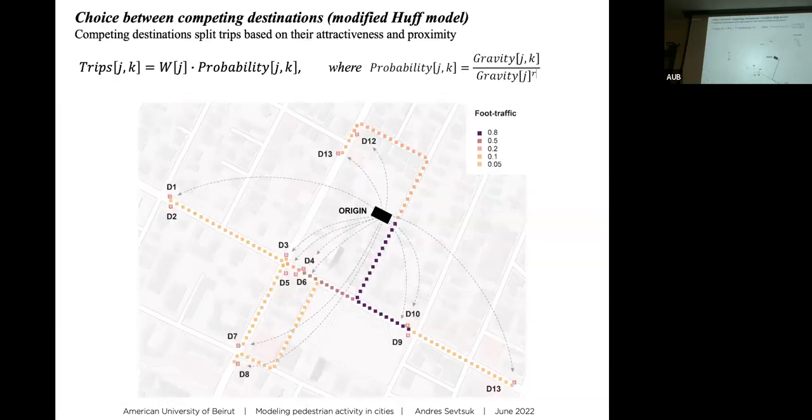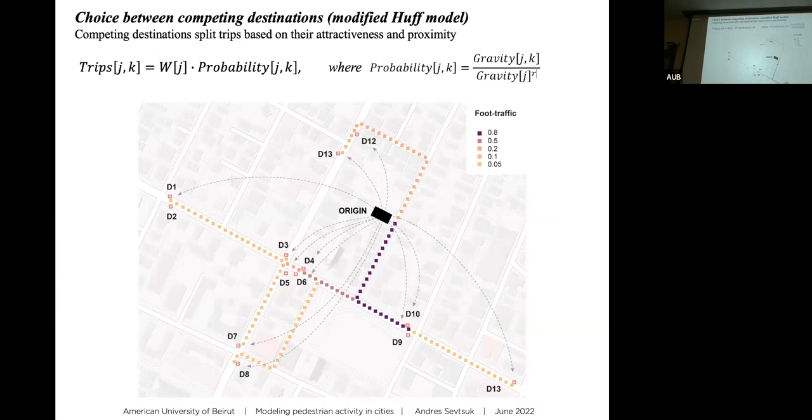I also mentioned that we have a destination choice model. So for many types of pedestrian journeys, if you think about how we would model it, for instance, if you thought about how to go to lunch from this very room during a workday, then you probably have 5 or 6 or maybe more lunch options within a 10-minute walk around here. Like you could go up to the streets, you could go to Hamra, you could go to various canteens on the campus, etc. So how do we deal with that situation?